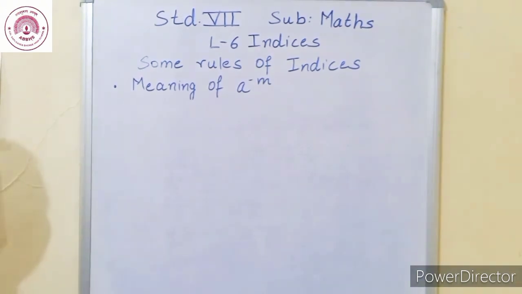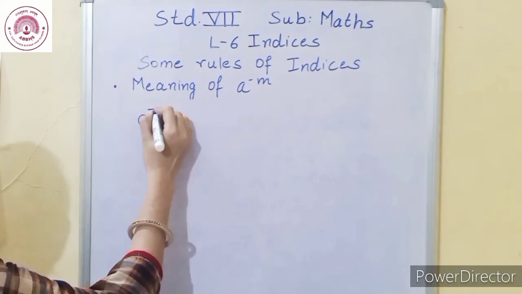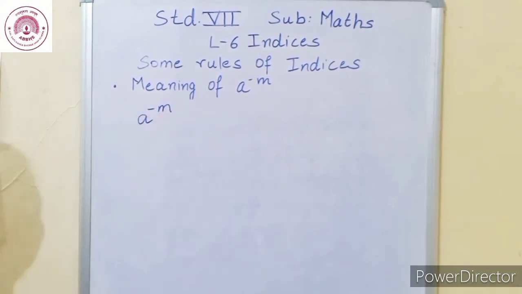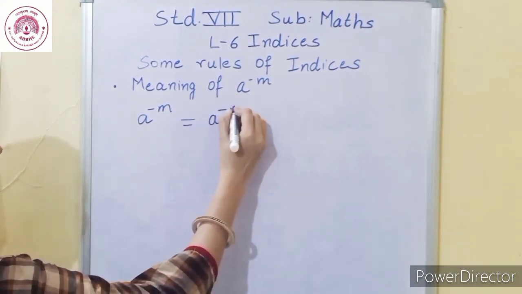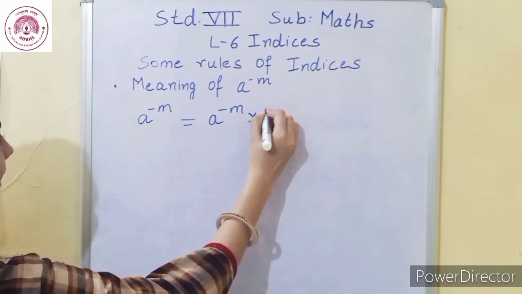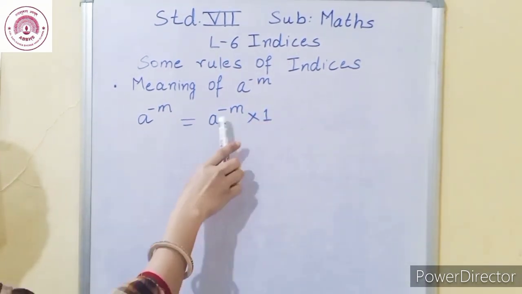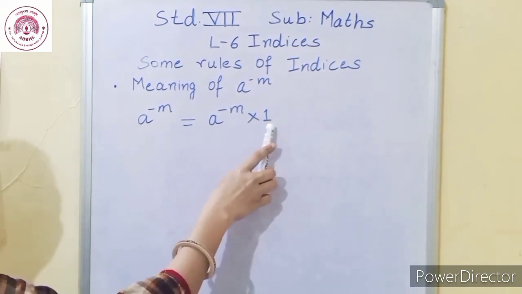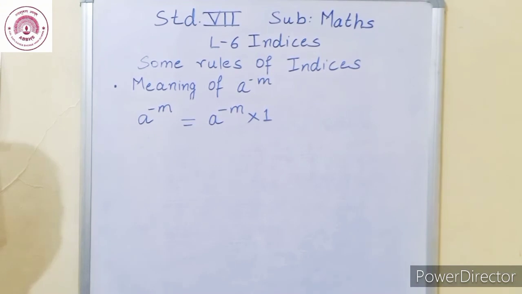Now what is a raised to the power minus m? a is a rational number and m is its negative power. a raised to the power minus m can be written as a raised to the power minus m multiplied by 1, as a raised to the power minus m multiplied by 1 is a raised to the power minus m only.